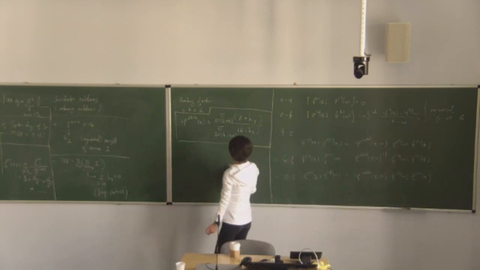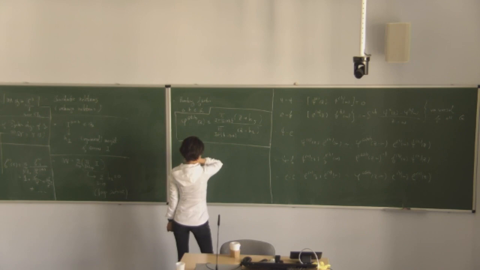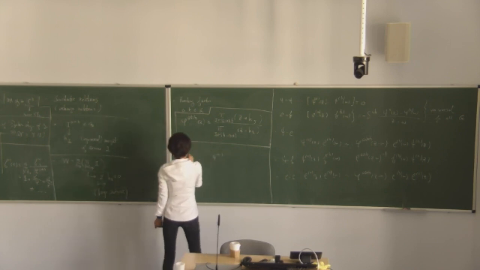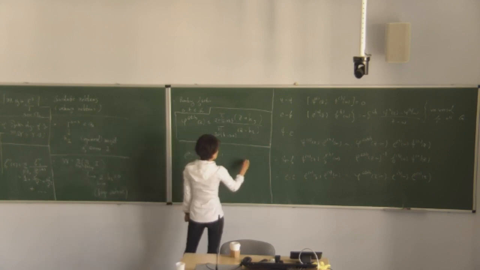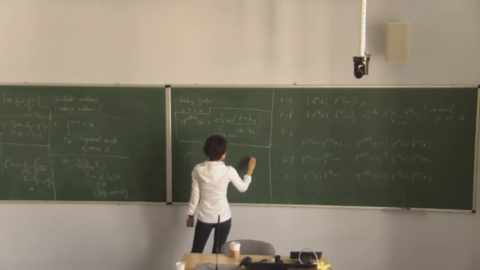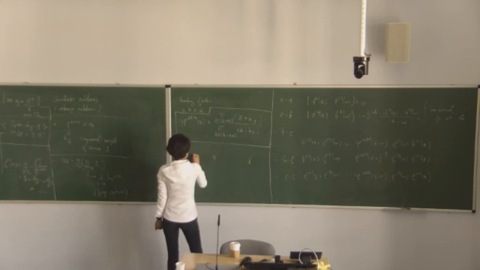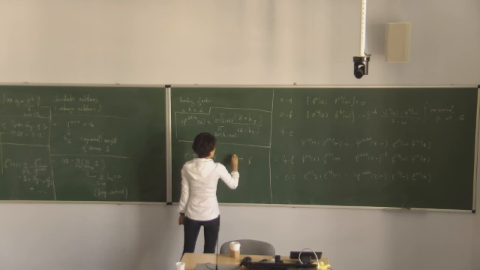You can draw it like this: psi, E, and this is phi inverse.